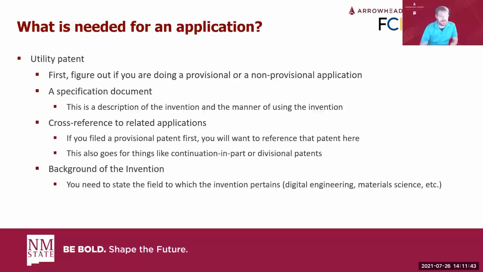And you also need a background. How did you come up with this? What does this actually pertain to? What field is this in? And field, not as in standing out in the field, but things like digital engineering, material science. What aspect of scientific discovery is this related to?